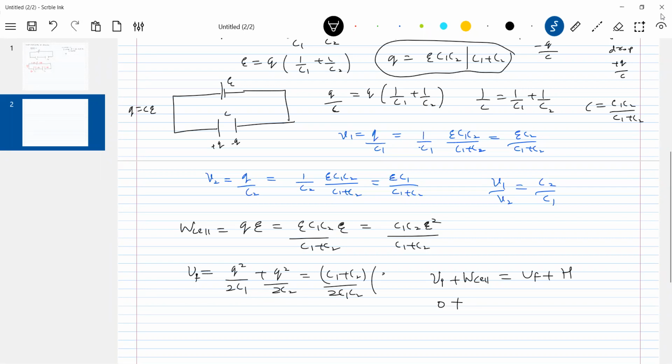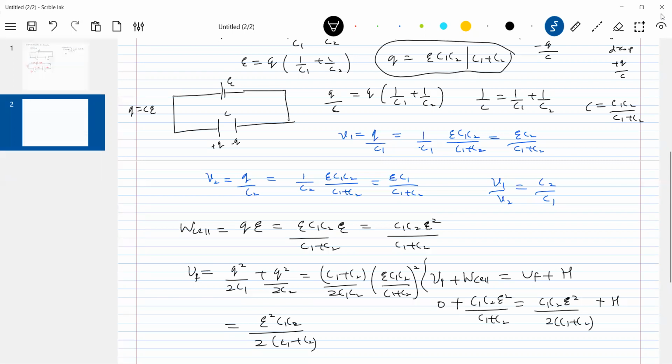So this is equal to E square C1 C2 by 2. I'll substitute all the values. So C1 C2 E square by C1 plus C2 equals H plus C1 C2 E square by 2.